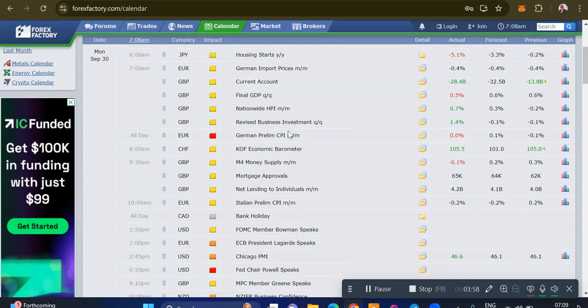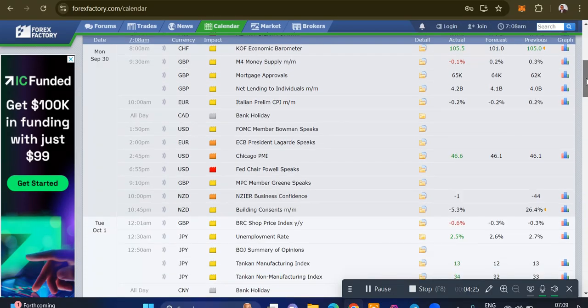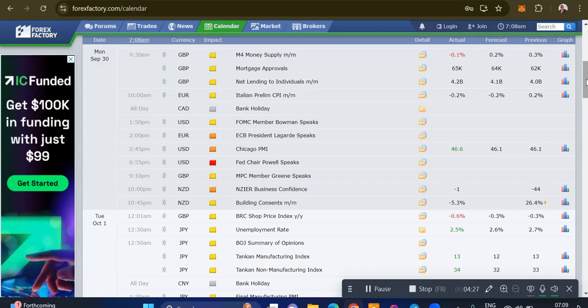You will see the euro: there is a German preliminary CPI which was 0.00, and it is showing red, which signifies, according to Forex Factory, bad for the economy. When it is green, it is good for the economy. I want you to take time to analyze and study fundamental analysis.